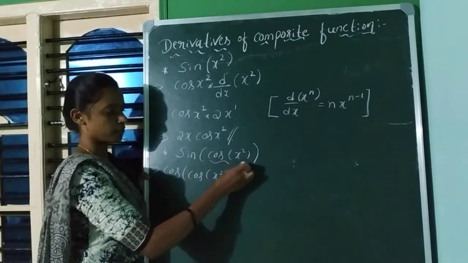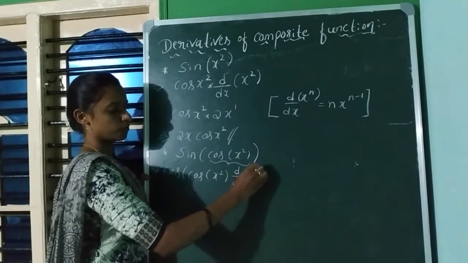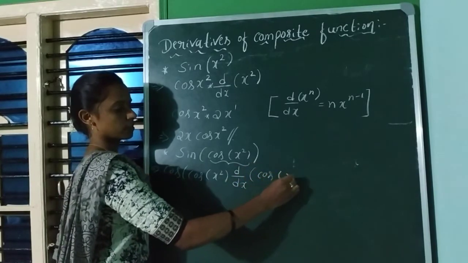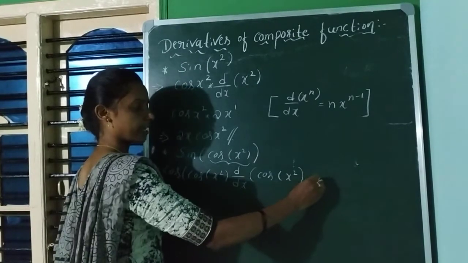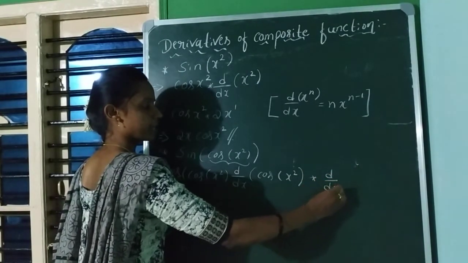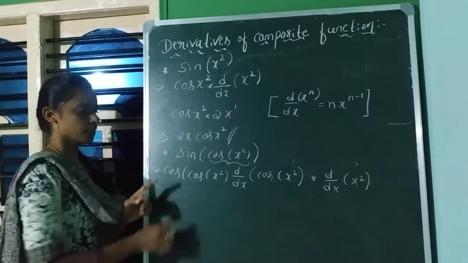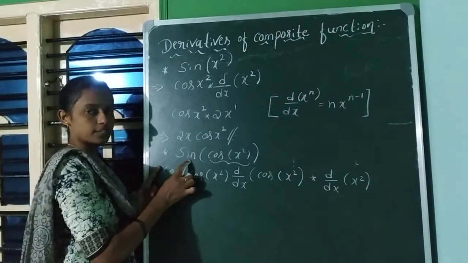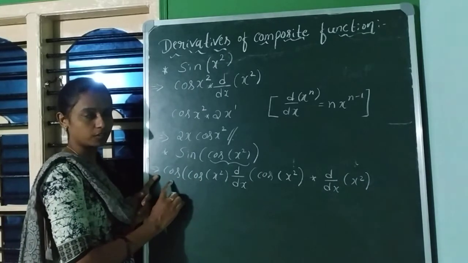Now differentiate this, which is nothing but d by dx of cos x square. Okay. Next, again you need to differentiate d by dx of x square. Clear? Differentiate this outer function, that is sine, derivative is cos.